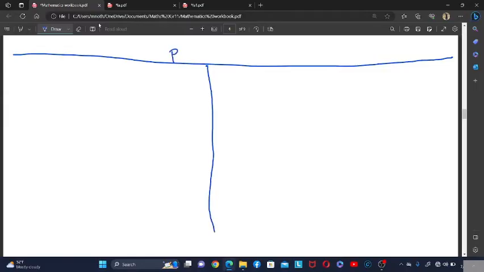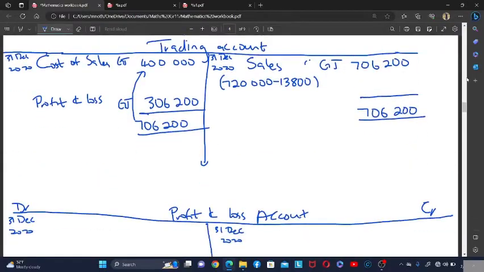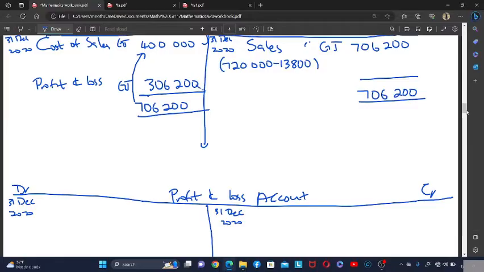We have the profit and loss account, with the debit side and the credit side. The date we are told is 31 December, the end of the year. There is this amount that you are supposed to transfer to the profit and loss on the credit side.